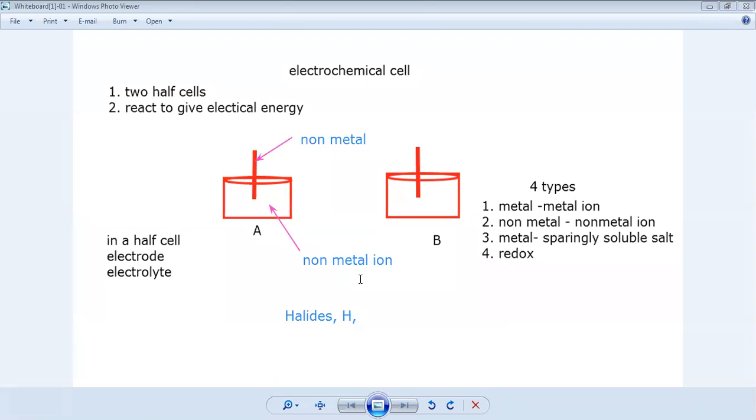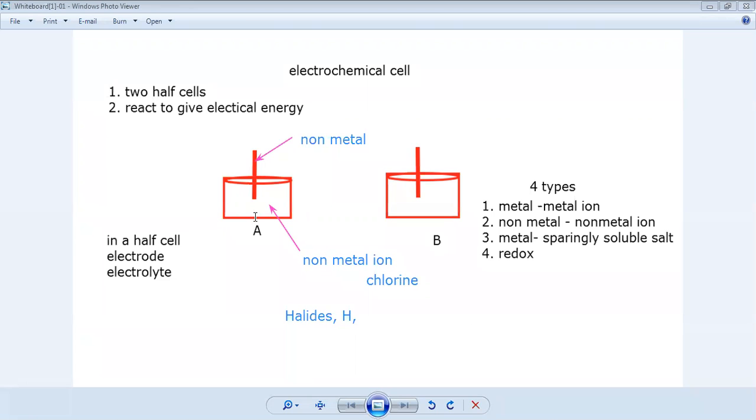Now suppose we consider chlorine ion. How will you get chlorine ion in the electrolyte? Cl minus, how will you get it in the electrolyte? Which salt are we going to use?